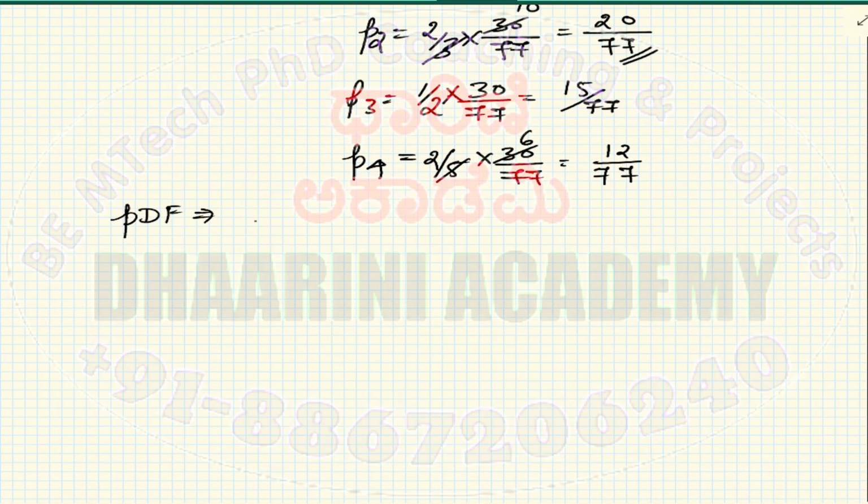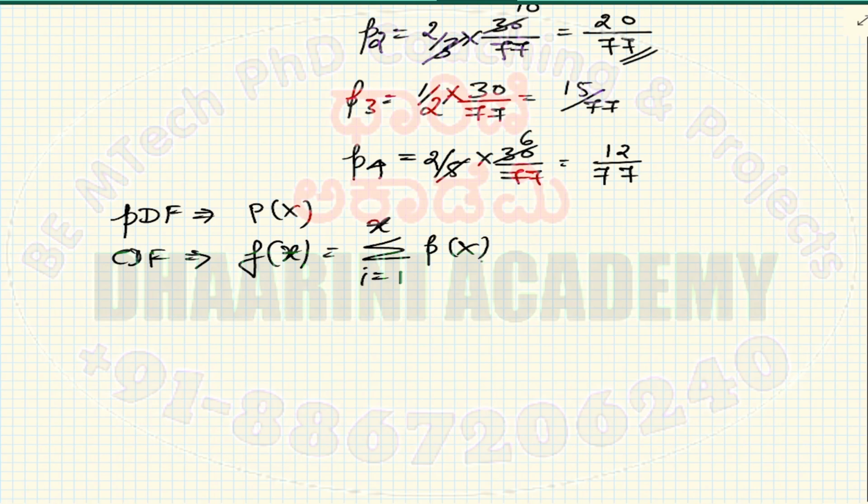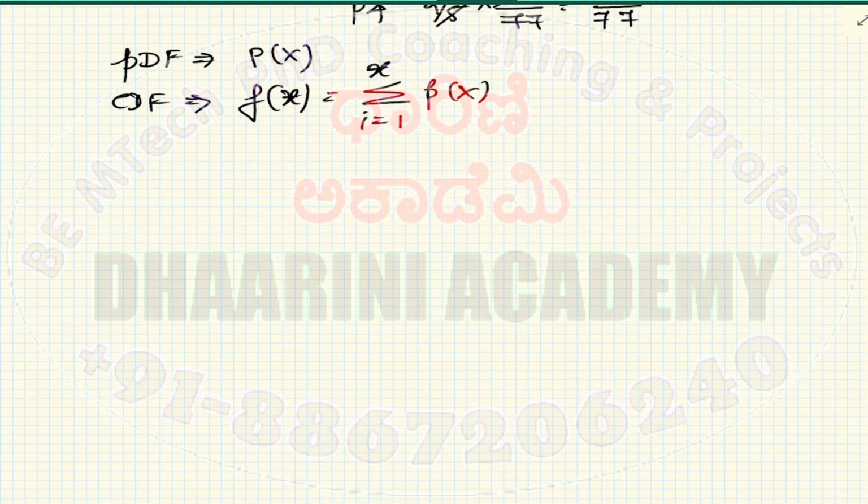PDF is nothing but I just have to write what is P of X. And the CDF you are supposed to write, this is small f of x, which is nothing but the summation from i equal to 1 to a given value x of P of x. So just to write that, let's write a table.